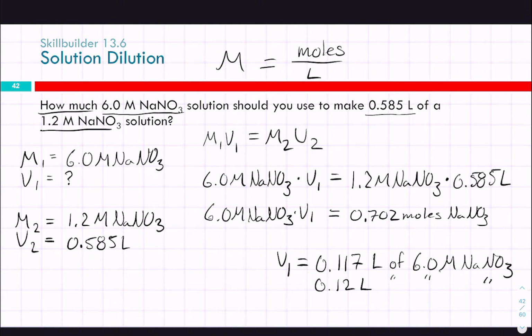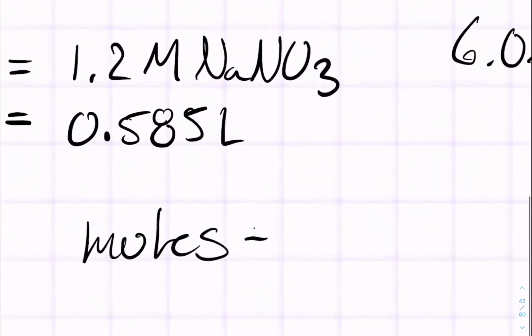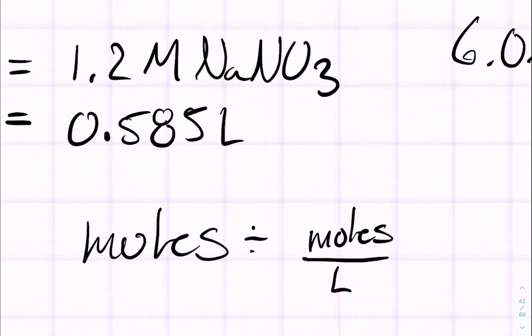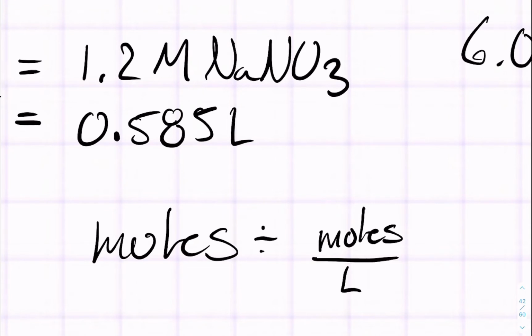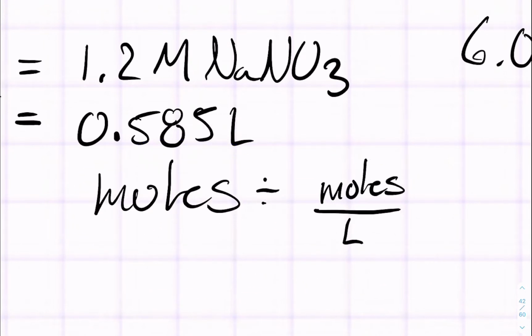So if we take moles and we divide it by molarity, actually, let me write it this way. So moles divided by molarity, and molarity is moles over liters. This is a math trick.